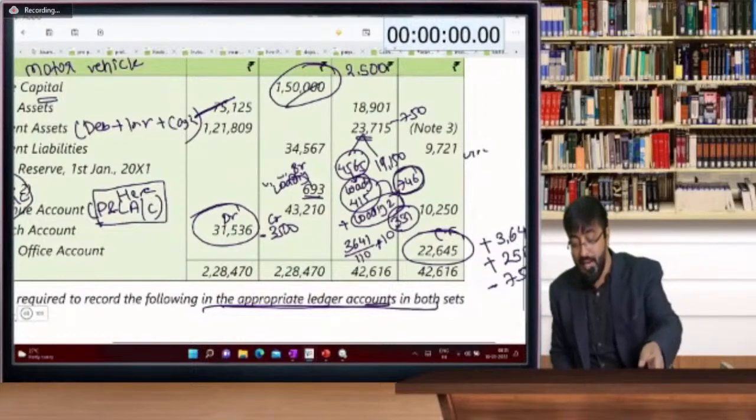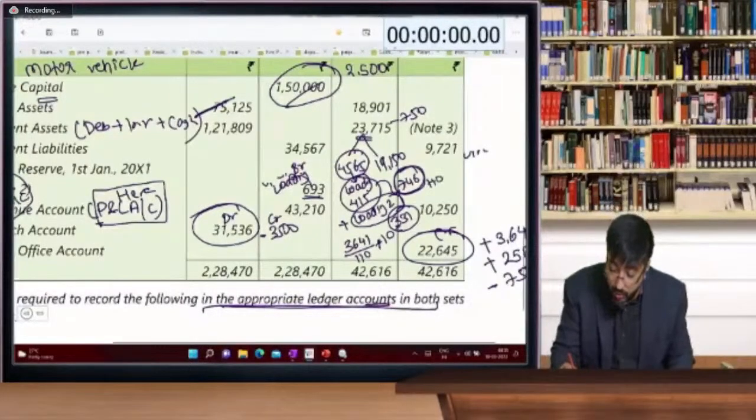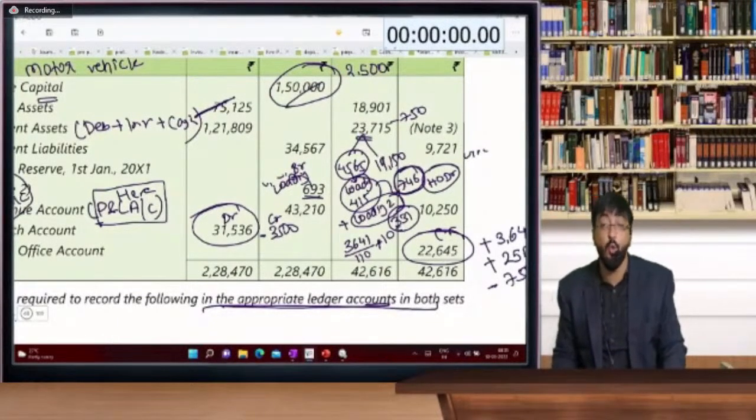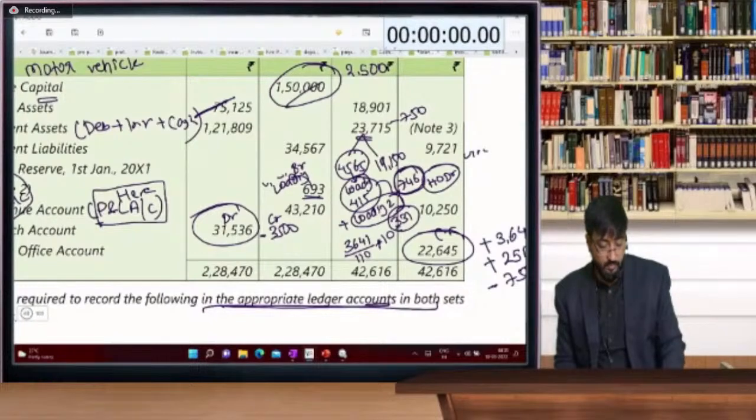And who will cancel this loading? HO debit. In HO's debit, 746 is the loading amount. Stock reserve.